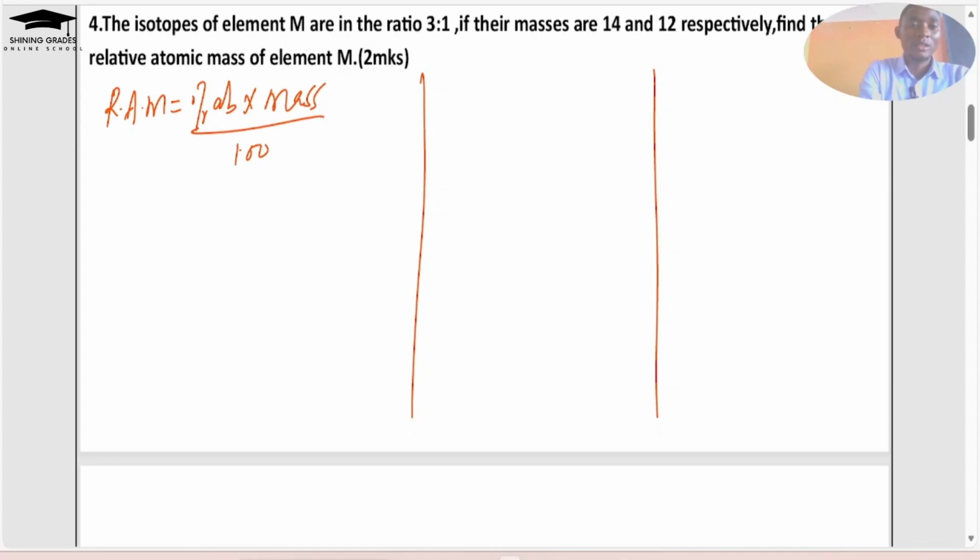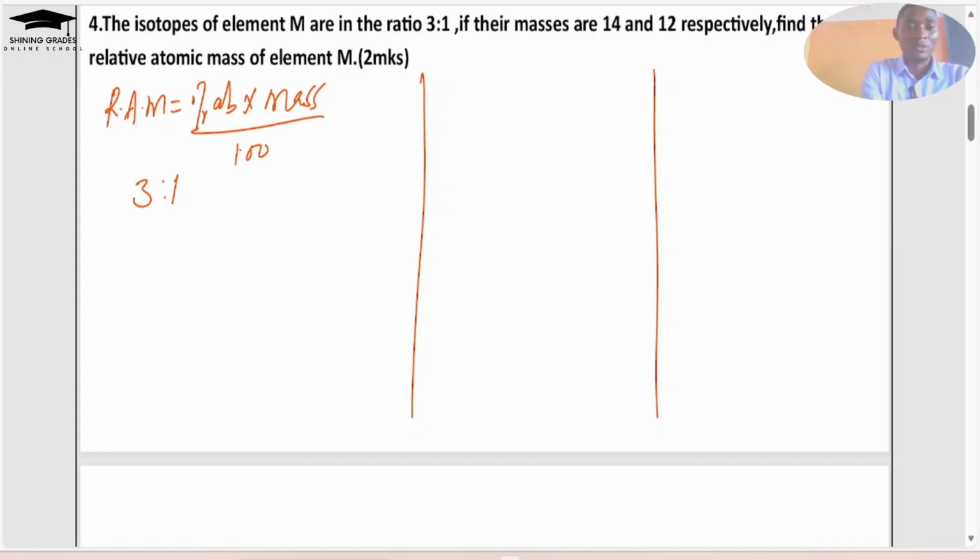We are already given the masses, but the percentage abundances we are not given. We are only given them in the form of a ratio, 3:1.